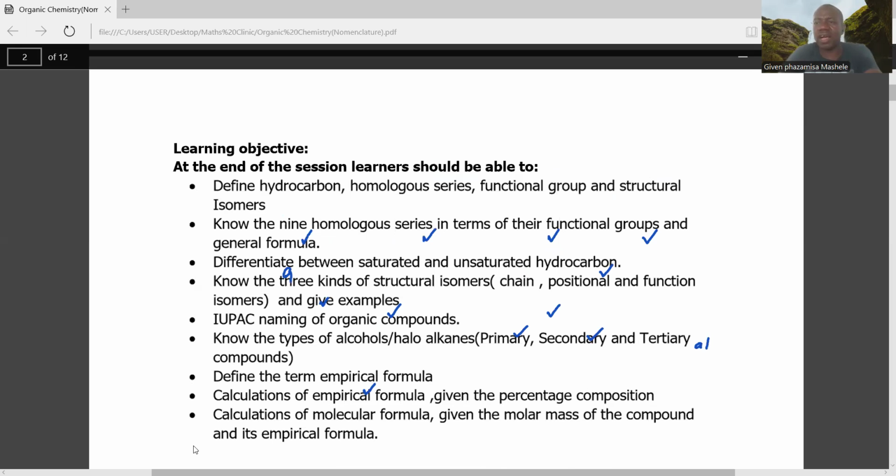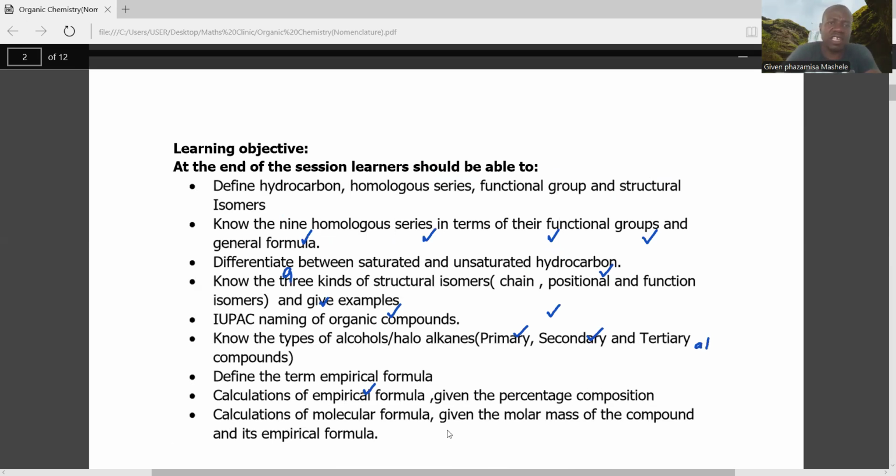There is a video where I explained the empirical formula, how to determine the empirical formula when you are given a percentage composition. And also, how do you determine the molecular formula when we're given the molar mass of a compound and its empirical formula?